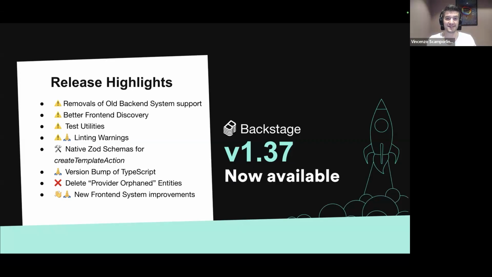This caused the entities previously ingested by that provider to stay in Backstage unless you manually cleaned up. And now there is also a configuration to allow Backstage to automatically remove those entities if the relative provider has been removed. And then, last but not least, we had some new front-end system improvements, but I will pass it over to Camila for this.